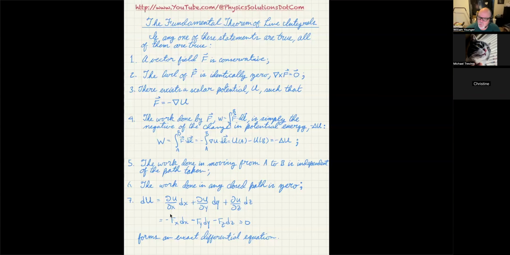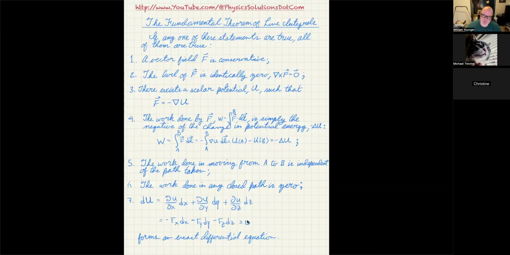So the partial of u with respect to x multiplied by a differential change in x, plus the partial of u with respect to y multiplied by a differential change in y, plus the partial of u with respect to z multiplied by a differential change in z, is equal to the change in the scalar potential. And of course, a lot of times when we're studying this, we want to know specifically the answer when the change in u is equal to zero. So that's why I put the equal zero here.